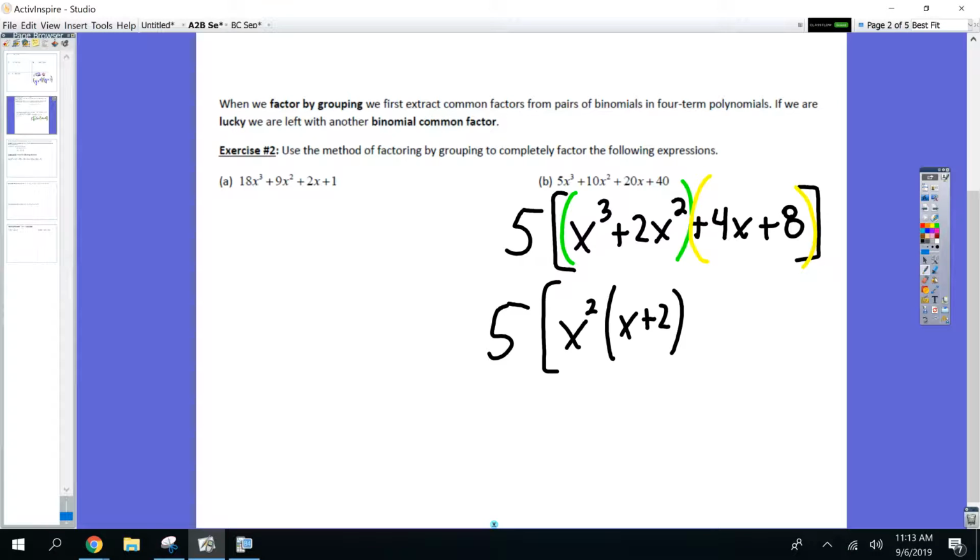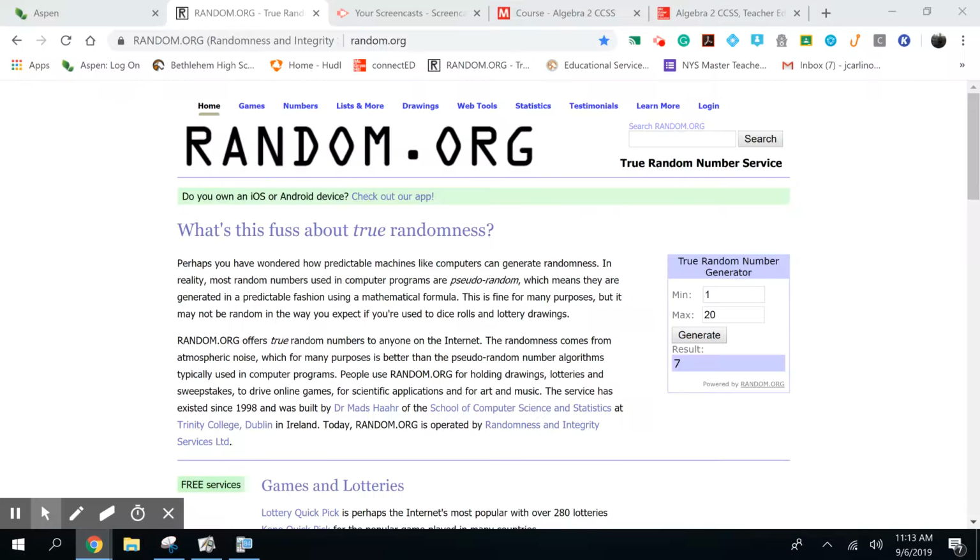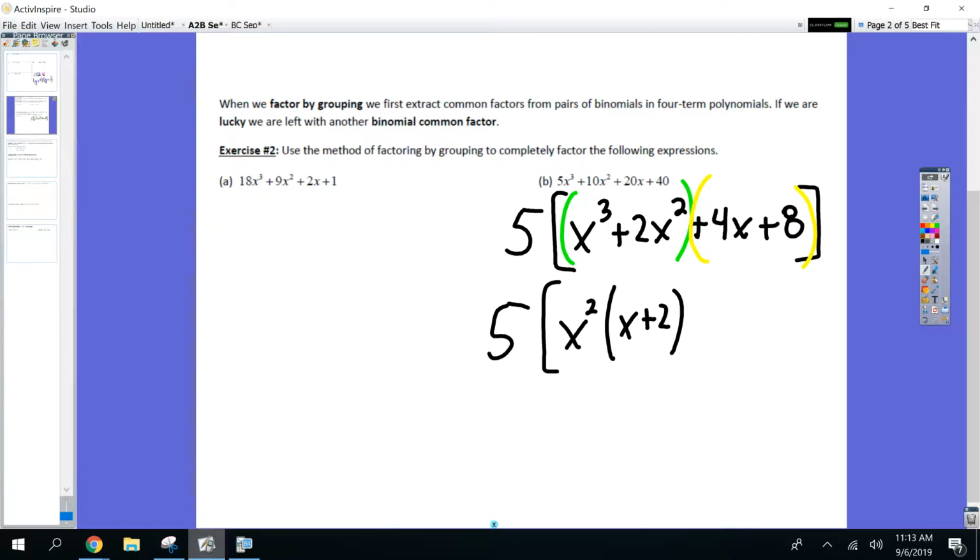How about the second grouping? 2. Brett? 4. Take out a 4. Positive or negative? Positive. And what's going to be left magically? X plus 2. Yep. Looks like we grouped right, huh, kids? Because what was left in the parentheses, same thing.